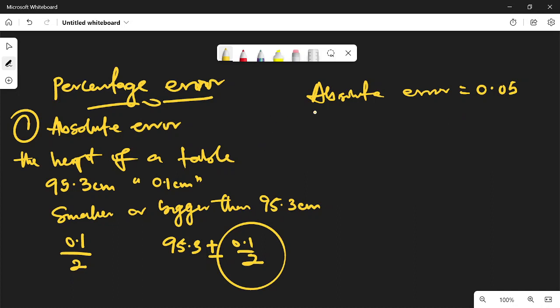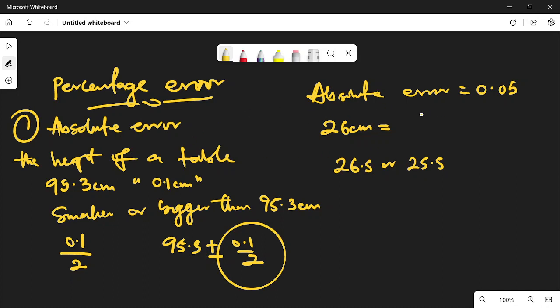Yes, sir. Now let's take for instance that the length of the table is 26 centimeter. You see that this one is to the nearest whole number. So your answer can either be 26.5 or 25.5.